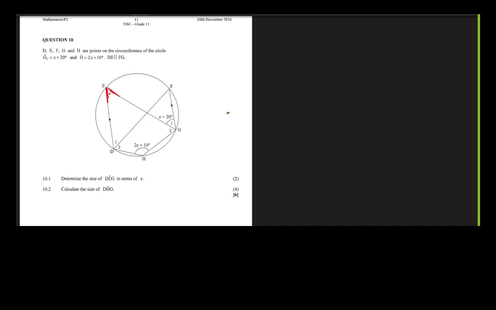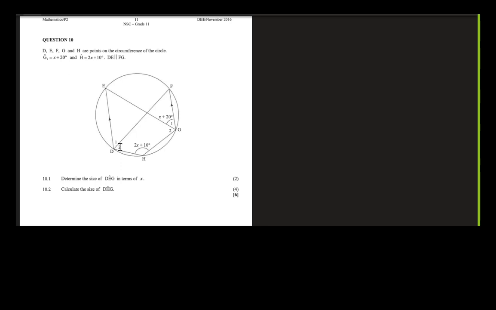Angle G1 is between this line and this line. Let me just extend this line. Look at the shape that this angle and this angle form. Look, it's a Z shape. So it means angle E and G1 are alternate. So you guys have all the concepts that you need to solve the problem here.